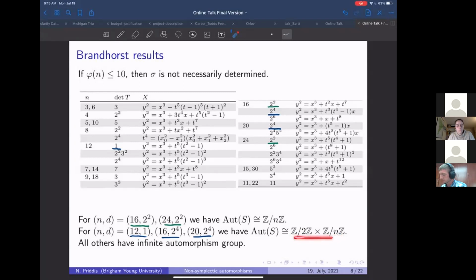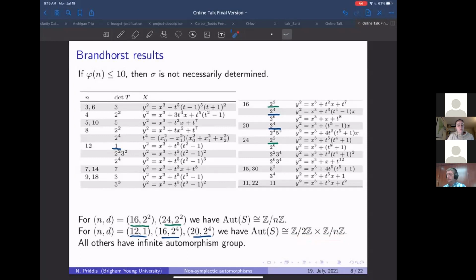The automorphism group is Z2 mod Z2 cross C_n. So we have some results for these 5 surfaces about whether the automorphism is unique or not. But for the rest, the automorphism group is infinite, so we don't really know much about whether sigma, the purely non-symplectic automorphism, is unique.